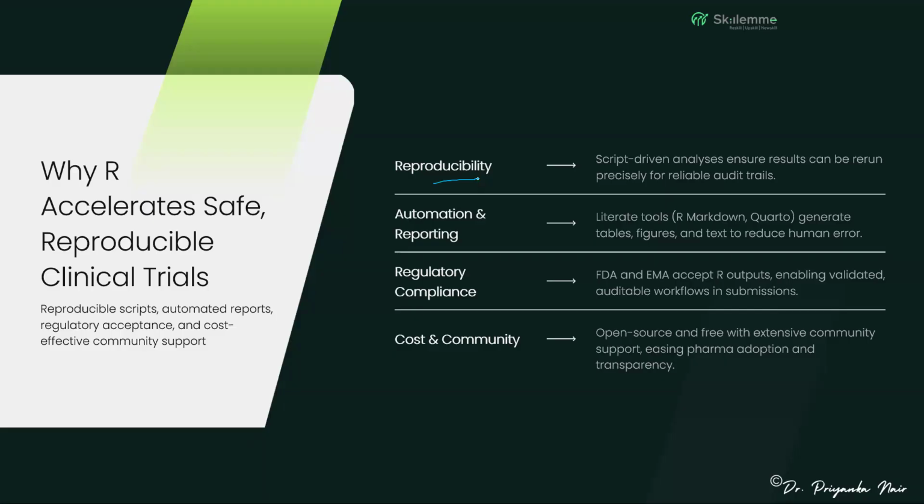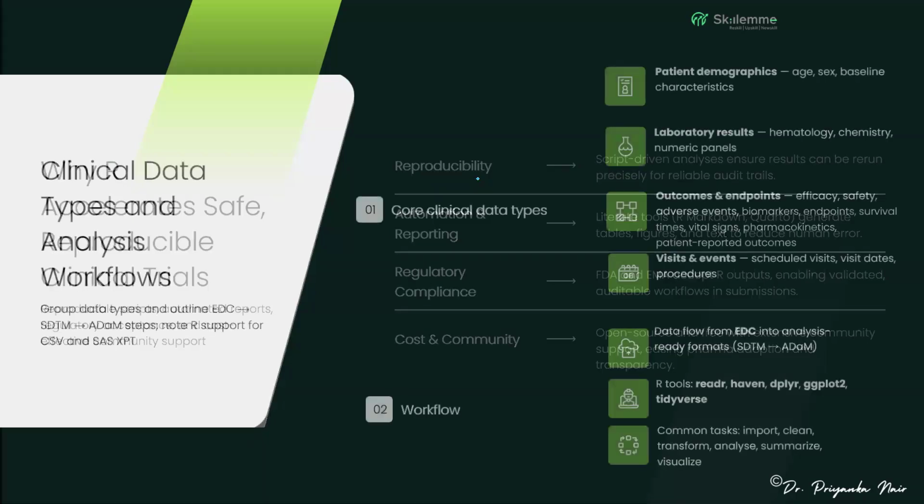If you compare to all the solutions out there, R has been called out to be the best choice in the clinical research and trial field. So these four are the key pillars here.